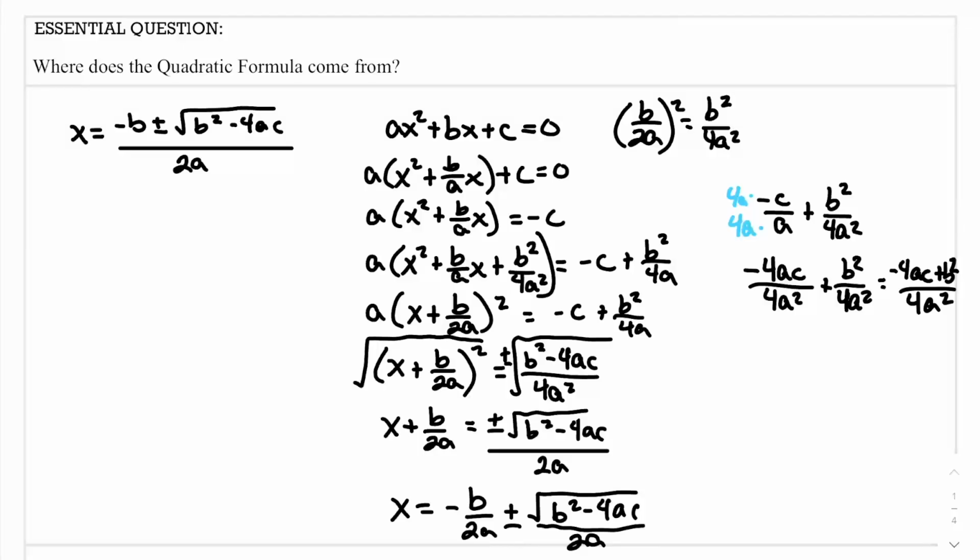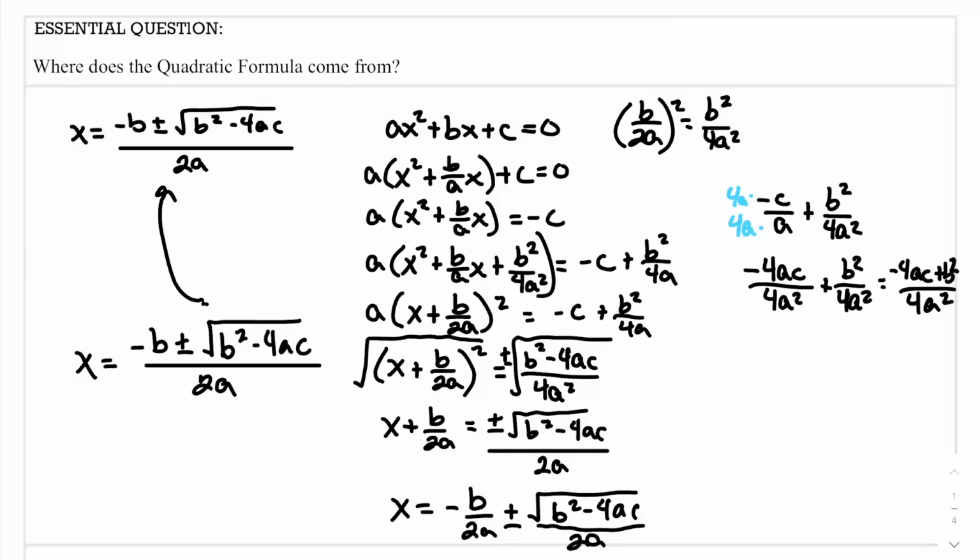And if we combine those into one single fraction, we get x equals negative b, or the opposite of b, plus or minus the square root of b squared minus 4ac, all divided by 2a, which is also known as the quadratic formula. So it's not magic, it's just math. But that's where the quadratic formula comes from.